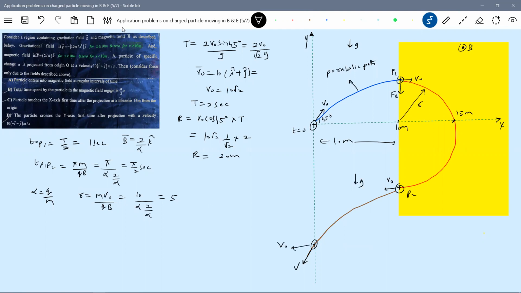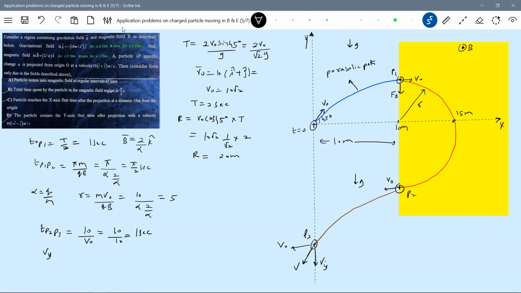Here it will have V0 and this will be Vy. So we know this horizontal distance is 10 meters. So we'll take P3. The time taken to move from P2 to P3 we will calculate. So T P2 P3 should be equal to distance 10 by V0, 10 by 10, 1 second.